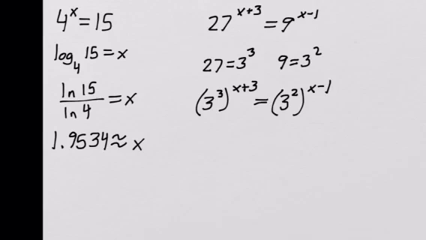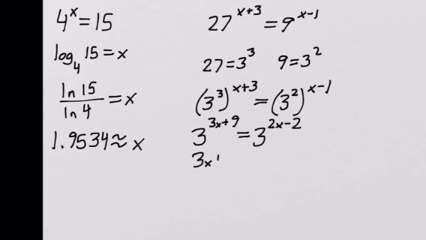Now the rules for exponents say if you take a power to a power, you multiply the exponents. So I get 3 to the 3x plus 9 equals 3 to the 2x minus 2. And now there is a very nice property that says if the same base raised to two different exponents is equal, then the exponents have to be equal.